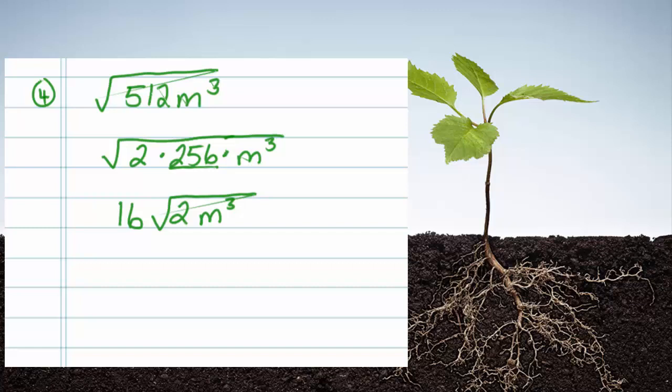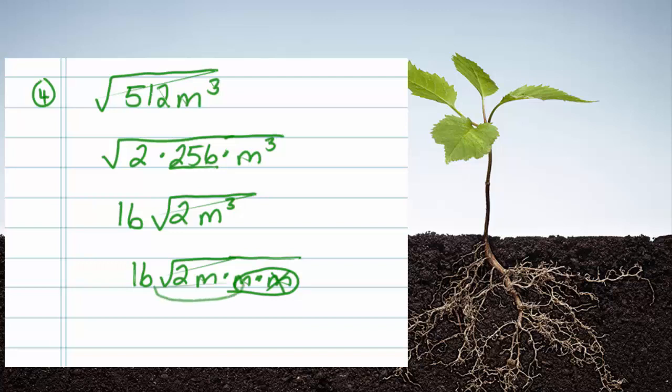Now so far we haven't done anything with the variable. M to the third power is the same thing as m times m times m. So again, I see a pair of twins.